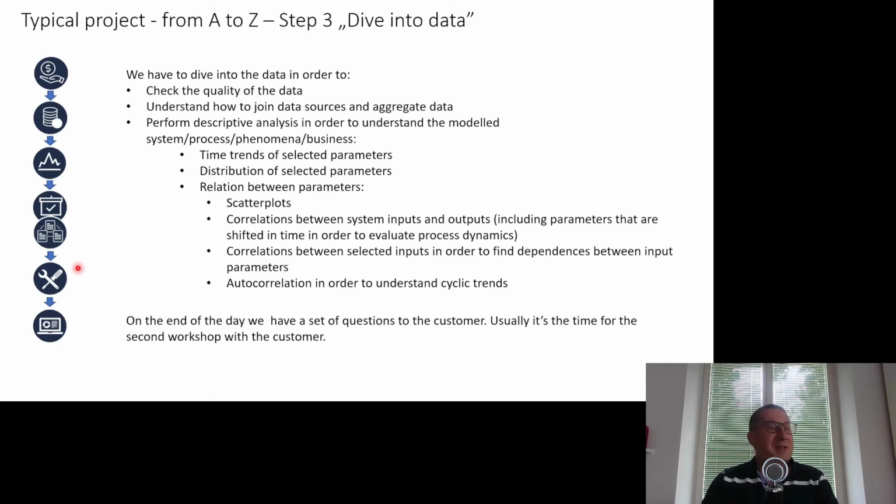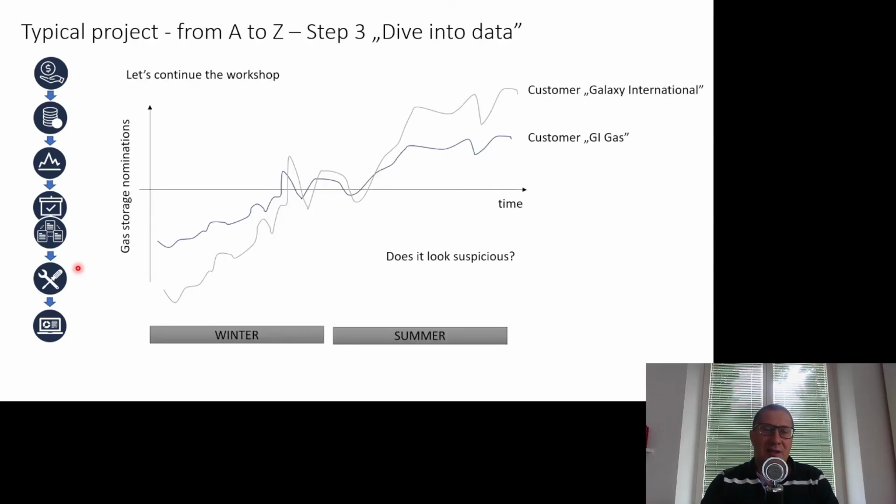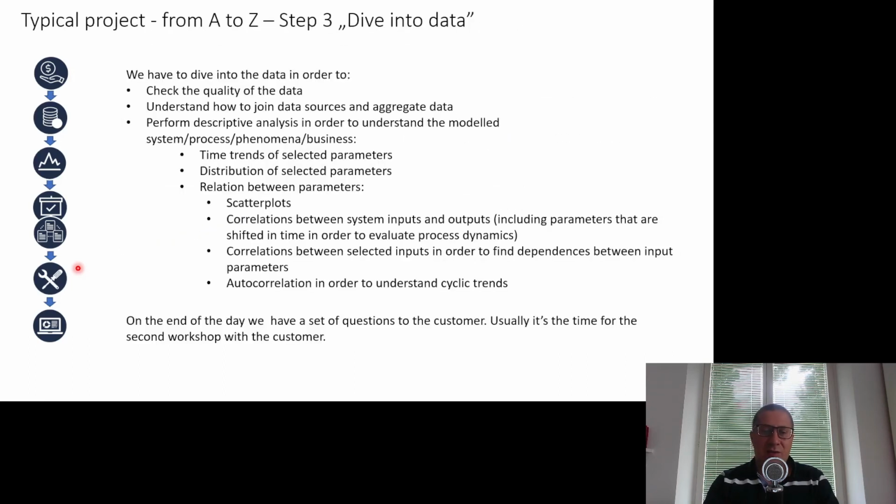This will also give us the understanding of the process. If we have some initial hypothesis, we should see the relations between parameters that we think that are important. So we can do the scatter plots. I will show it later on.